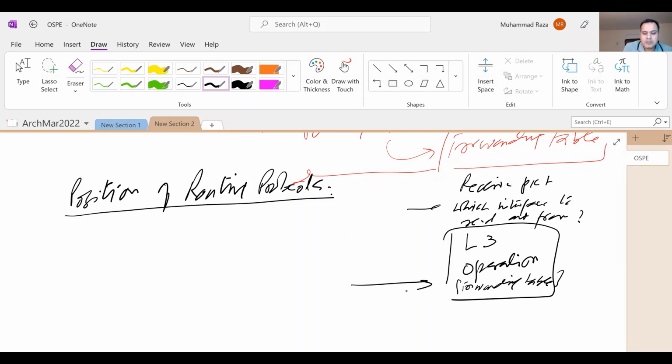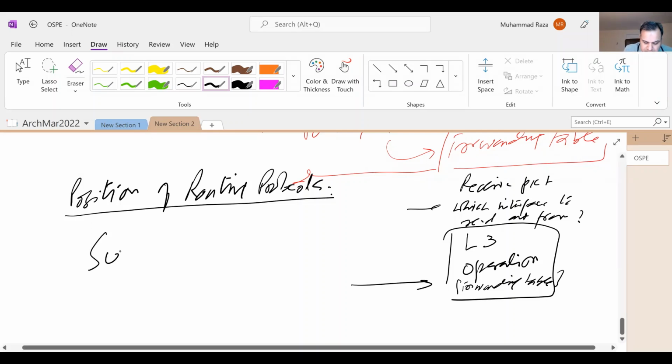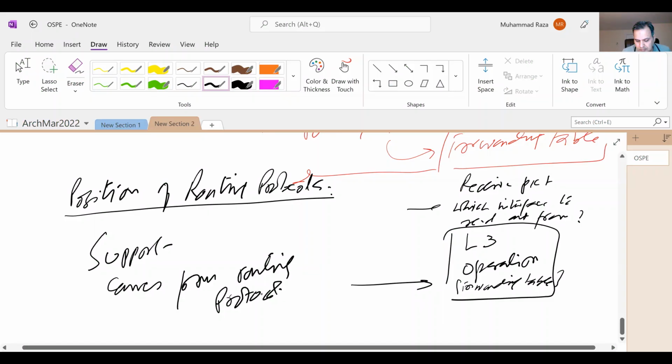Of course, routing protocols help me to do that. So the support which I need to do this kind of operation comes from routing protocols.